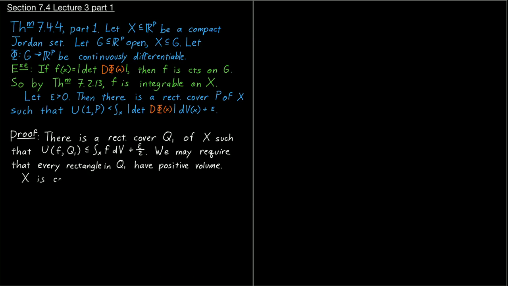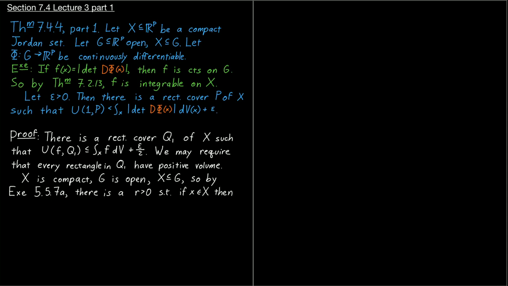First off, X is compact, G is open, and X is a subset of G. So by a not terribly difficult exercise in section 5.5, there is a positive radius r such that if x is in our set X, then the ball centered at x of radius r is contained in G. G is open, so for every point x in X, you can draw a ball of radius r around x, where r depends on x.